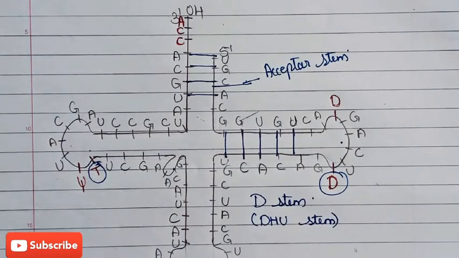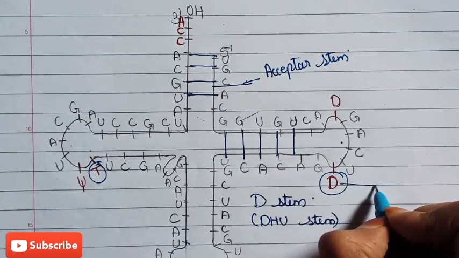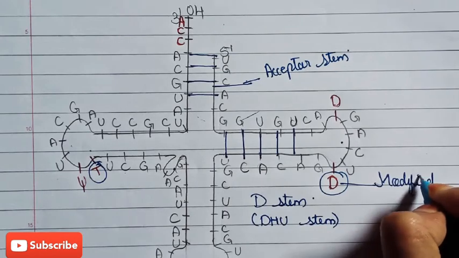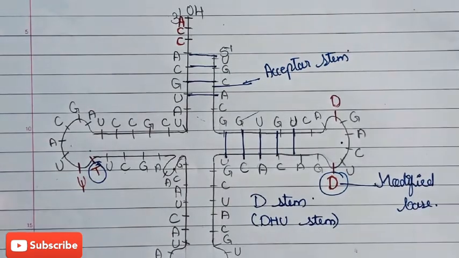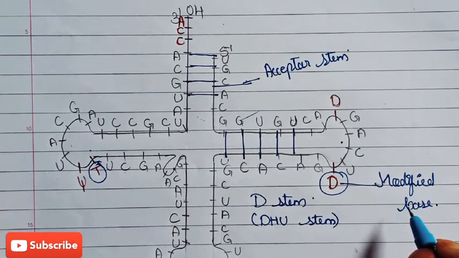Because it has a modified base. Here you can see DHU means dihydrouridine base. This is a modified base.